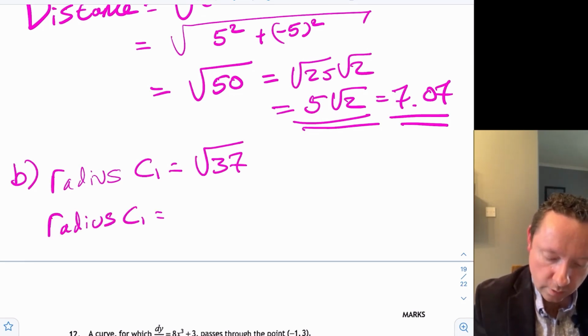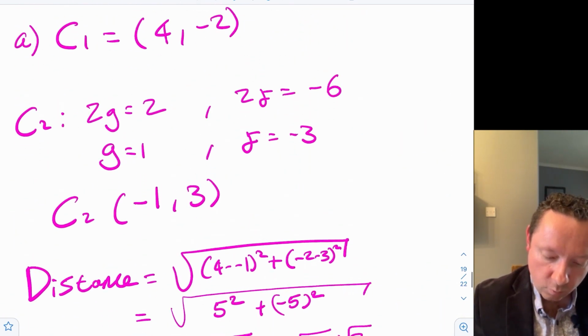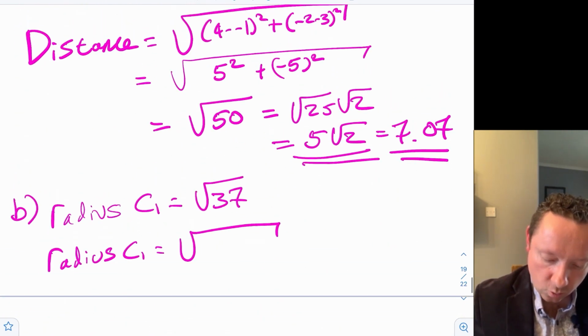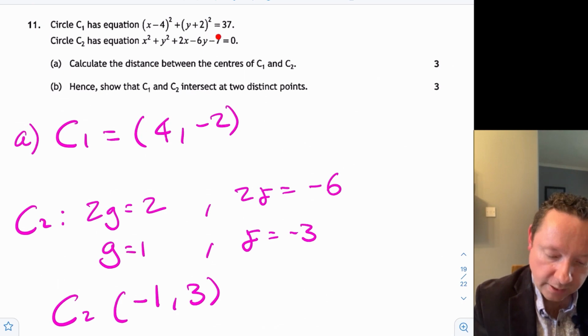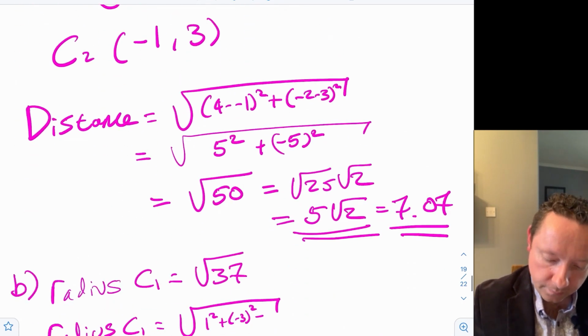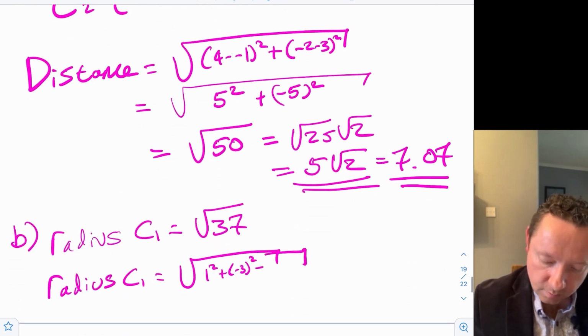So the radius of C2 is equal to the square root of, remember our g and f were 1 and minus 3, so it's just 1 squared plus minus 3 squared, take away c, which is the number on the end, minus 7. So that is 1 times 1 is 1. 3 3s are 9.